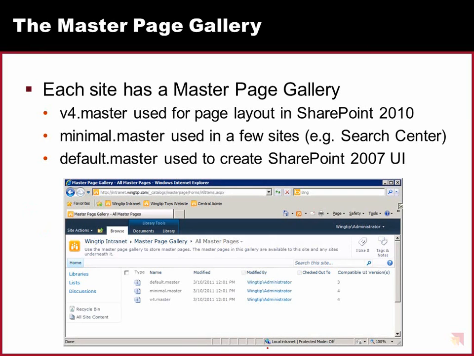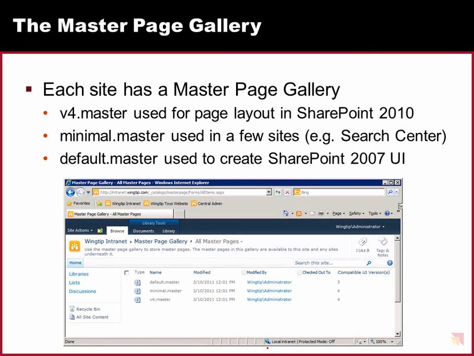And that means if you have a site collection, and your site collection has a top-level site and two child sites, well, then there are 3 master page galleries, one for each of those sites. And so one of the things that we see is that SharePoint for team sites and blank sites uses a new master page that was created especially for the new user interface in SharePoint 2010, which is v4.master.